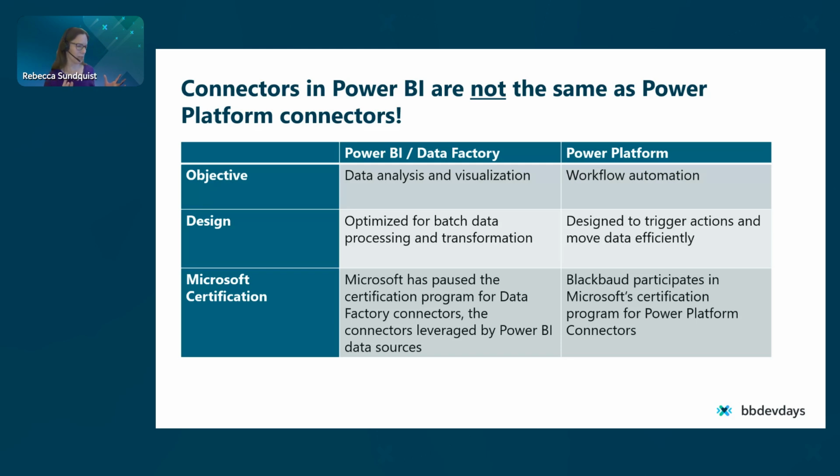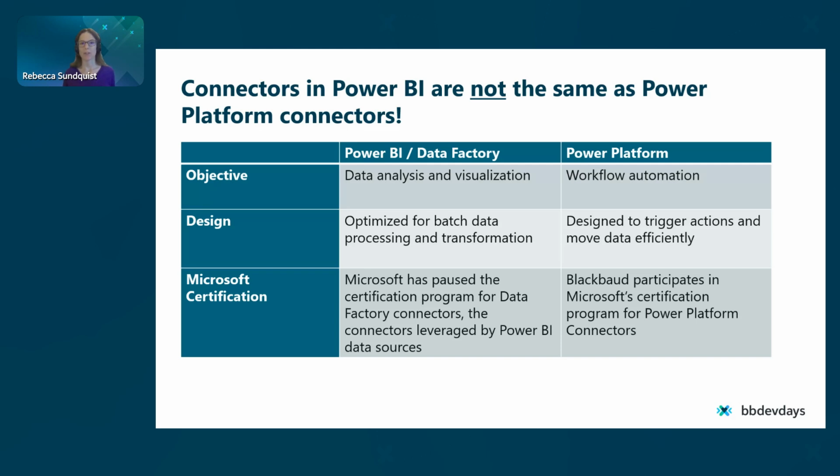So I've talked about two different types of connections. Both of them are actually leveraging two different applications. Why is this? The Power BI connector is a custom connector, and it's really along the lines of what Microsoft would consider a data factory connector. It's built for data analysis and visualization, whereas the Power Platform connectors are all about workflow automation.